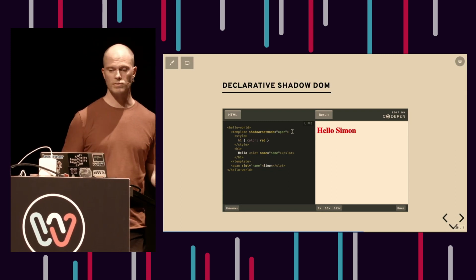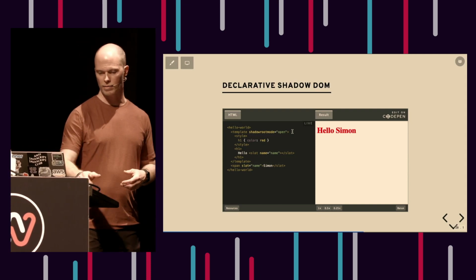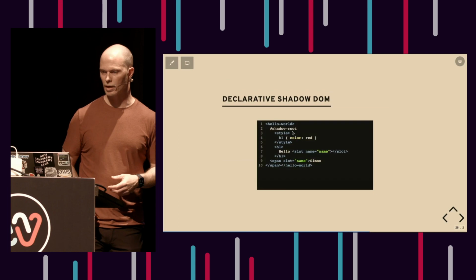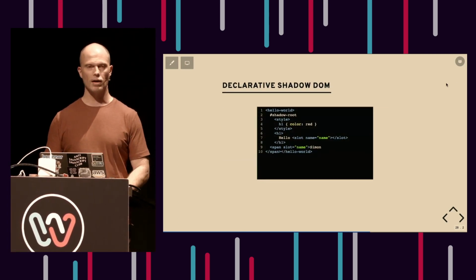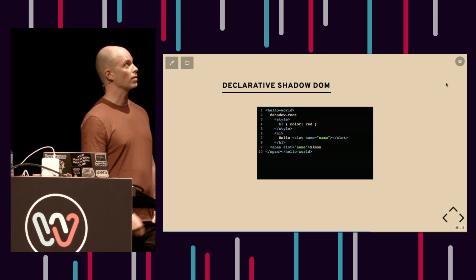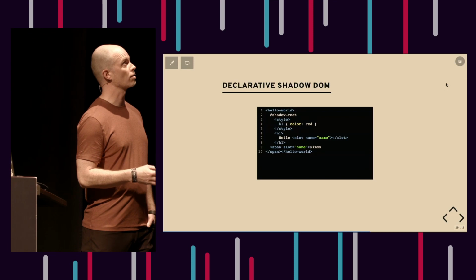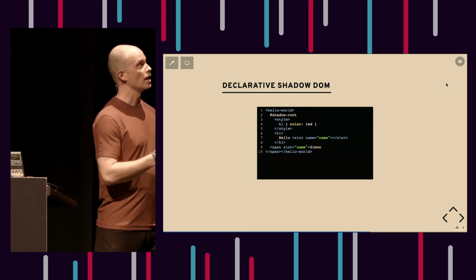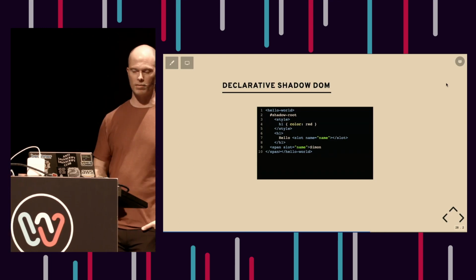And so that solves a lot of those problems because we don't need JavaScript to execute in order to fix that. What that looks like in the browser is exactly how you would see any other element that is using the shadow DOM. We have our hello world tag in the light DOM. We have our shadow root with all of our contents in there. And then basically the light DOM content that we pass into the custom element itself.